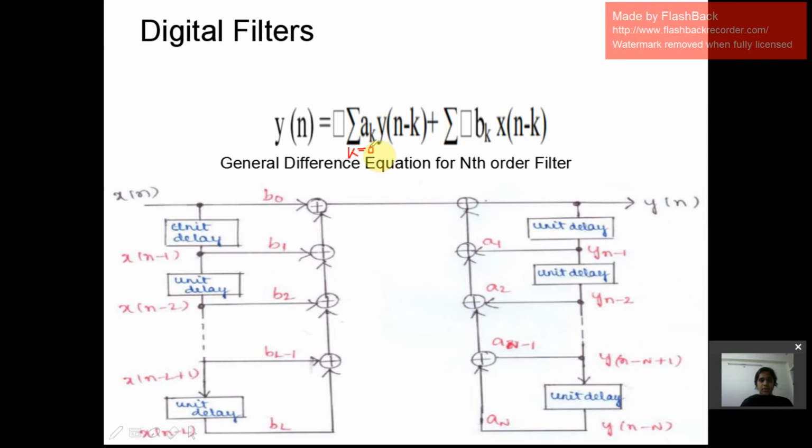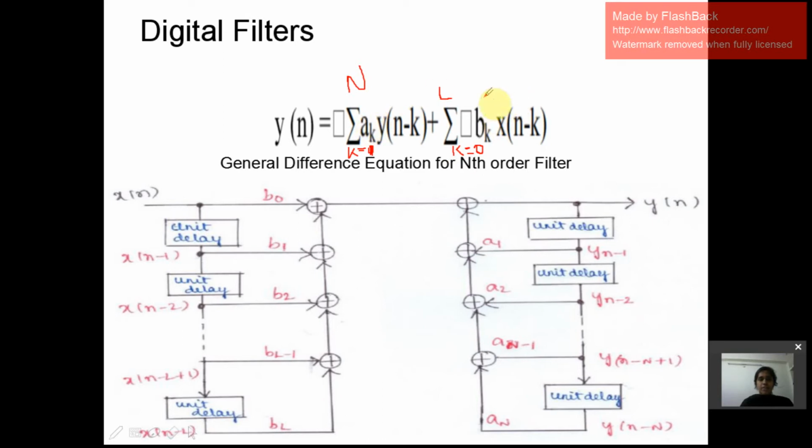It is from k equal to 1 to n, the upper limit is n, and here k equal to 0 to L. So these are the limits, and this is the general difference equation written for any nth order filter. And what are a sub k and b sub k?